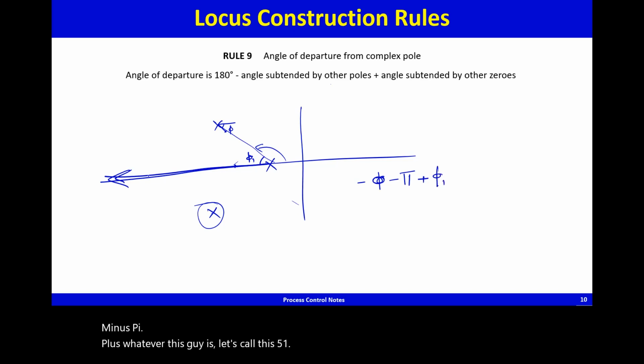Angle from this pole is plus pi by 2, and therefore this should be equal to an odd multiple of pi, so I can take plus pi or minus pi.